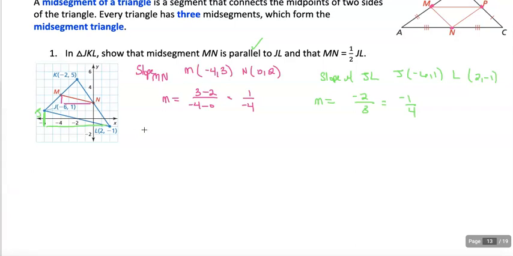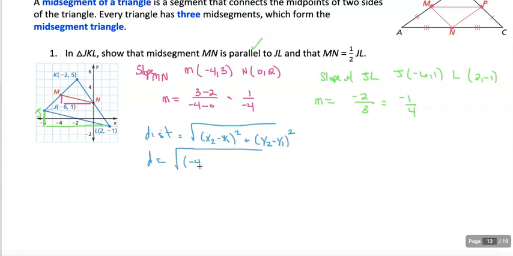So we got this first distance, and to remember the distance formula, it's just the square root of the difference of your x's squared plus the difference of your y's squared. When we plug this in, we get d equals the square root of -4 minus 0 squared plus 3 minus 2 squared.